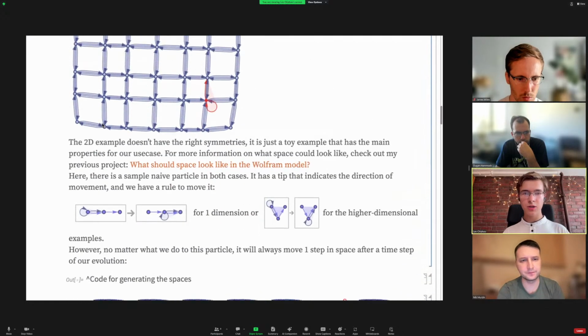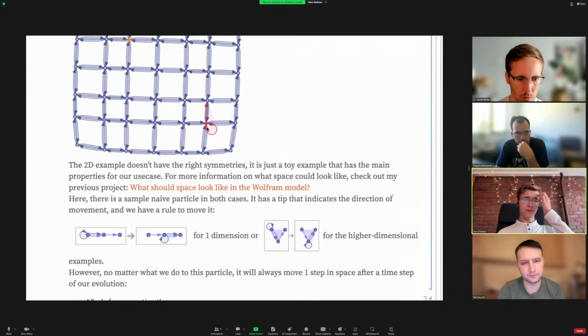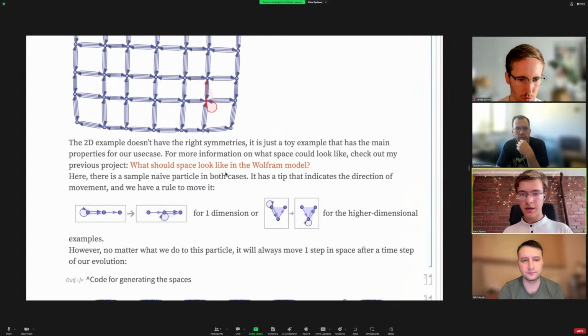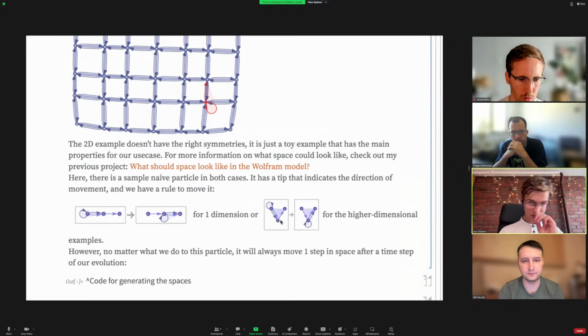And in two-dimensional space, if you just have that naively, then the particle will not be able to distinguish whether it wants to go to the left or straight ahead. That's why for higher dimensional examples, the rule is actually like this. Here, I don't just have the edges back and forth, I also have the hyperedges, which connect this vertex to this vertex.